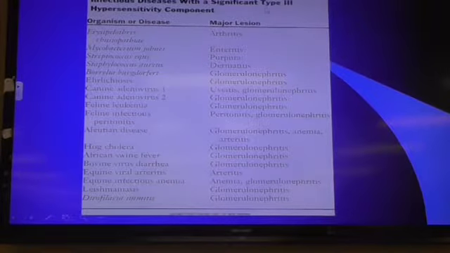And many infectious diseases, bacterial as well as viral, can lead to the development of immune complexes. What happens is the patient develops antibodies against these bacterial or viral pathogens, but sometimes they are not neutralizing antibodies.